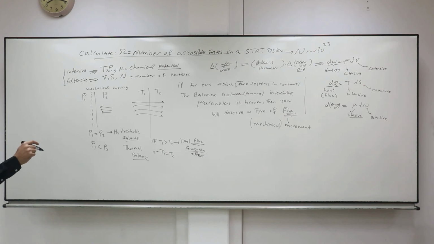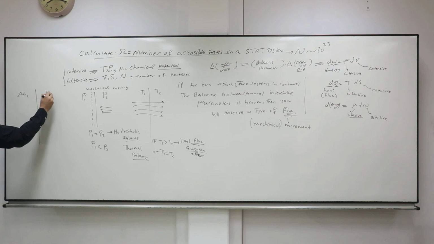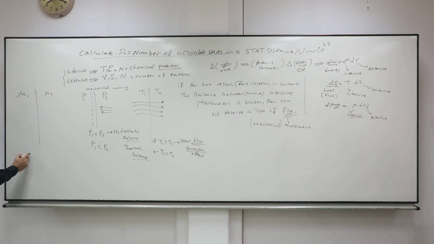And the important thing, this is very interesting: you have a container with two parts, a partition. The chemical potential in the first part is mu1, and in the next one is mu2.